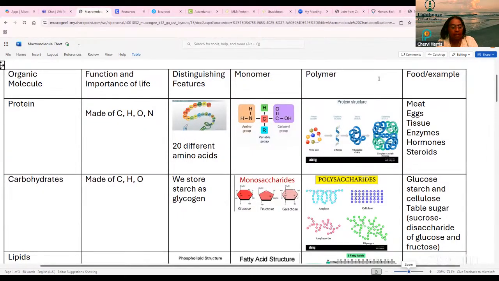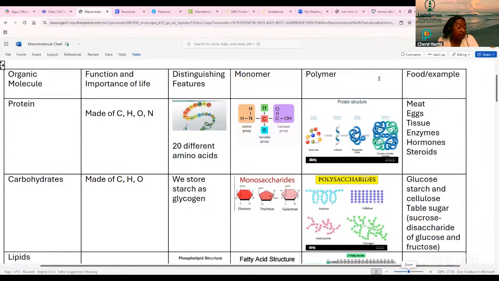The thing that we had not talked about is what they're made up of. You're going to find that all living things, if you watch space movies, like Star Trek, they refer to humans as a carbon molecule, a carbon entity. All living things have carbon in them. That's what makes them living.